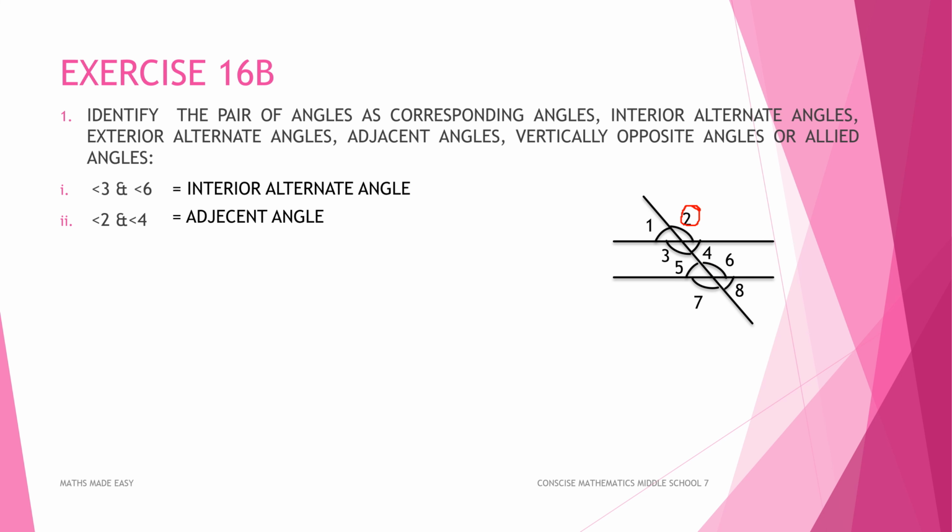Let me erase the circles. And our third question is angle 3 and angle 7. Let me circle this angle 3 and angle 7. Yes. See children, here this 3 is in the interior side and this 7 is in the exterior, that is outside, right?